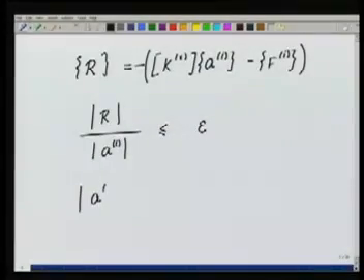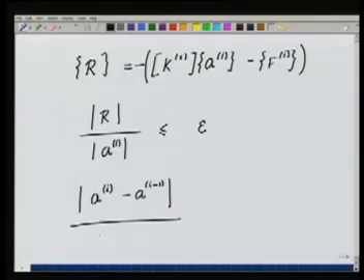Another one available is to take the length of the difference between the solutions of the current step and the previous step, divided by the length of the solution, and if this ratio is less than epsilon, then we stop. Several other stopping criteria are available, and one can use any one of them.